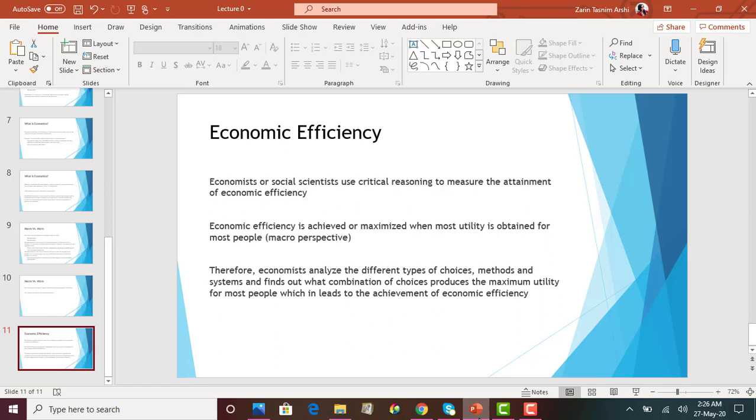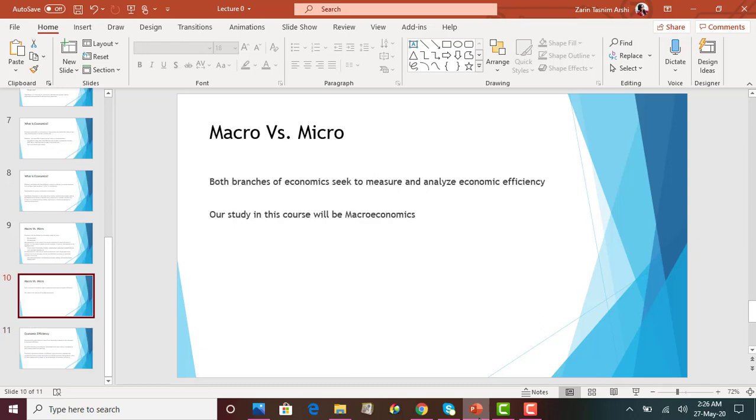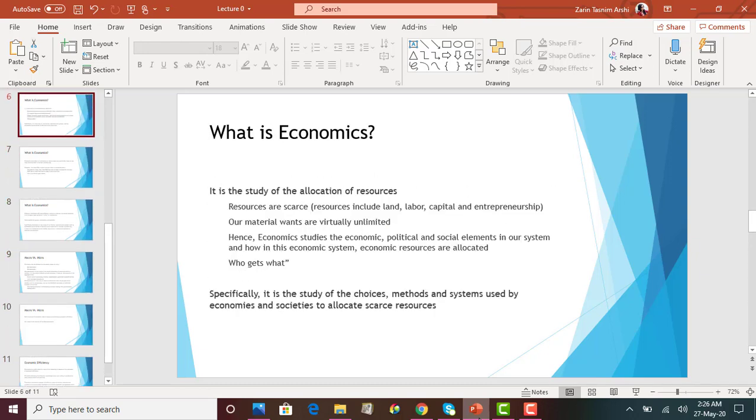So therefore, economists analyze the different types of choices, methods, and systems, and find out the combination of choices that will produce the maximum utility for most people, which in turn will lead to economic efficiency. Basically, this last line summarizes everything that we just said in one single sentence. So that's all. I don't want to overwhelm you today because this is your first class.